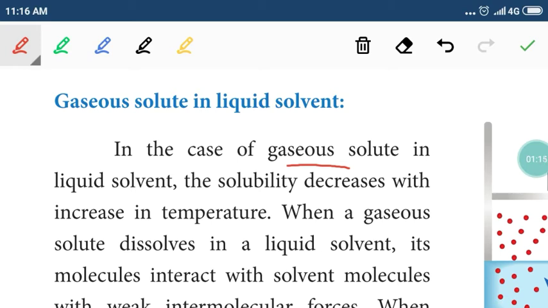When it is dissolved in liquid solvent, the solubility value decreases with increase of temperature. Here we are not considering endothermic or exothermic. Generally, when gaseous solute is dissolved in liquid solvent, when temperature increases, solubility decreases. We have to know what is the reason for that.